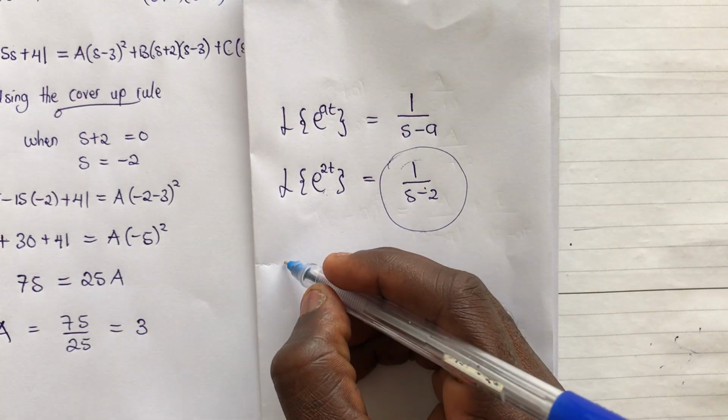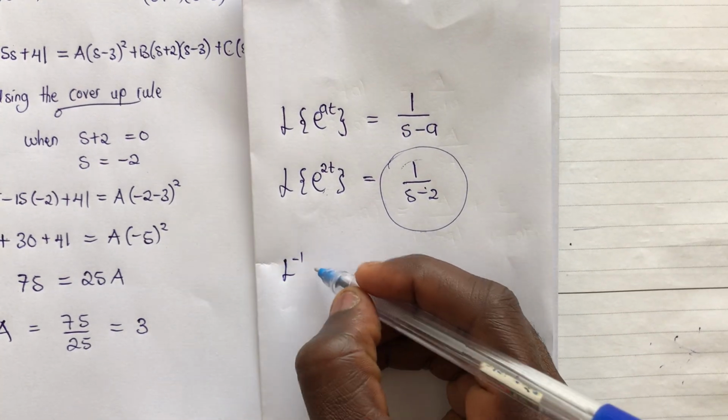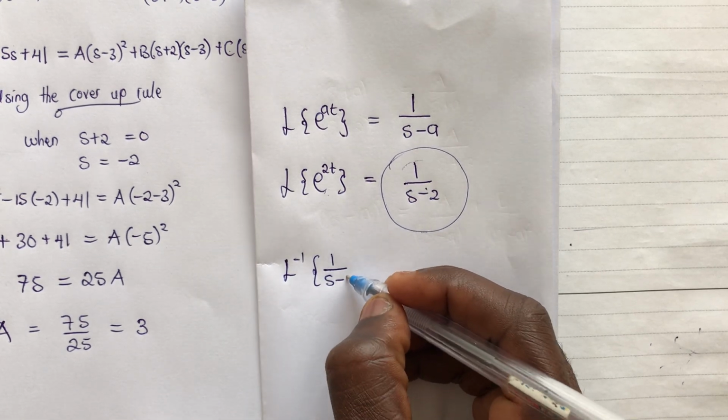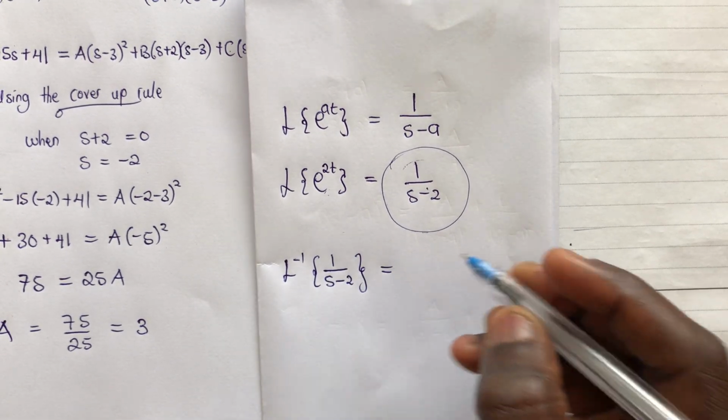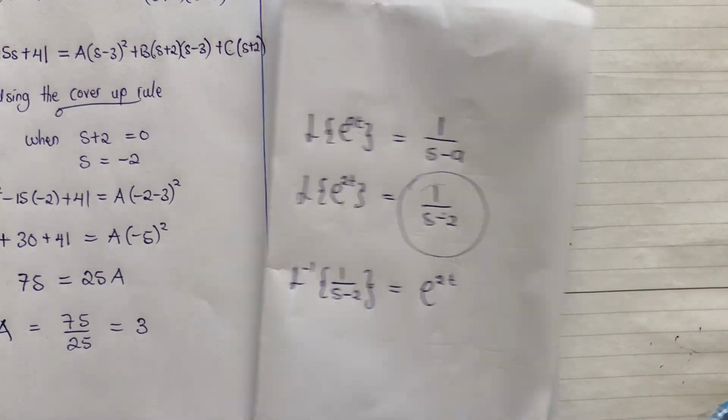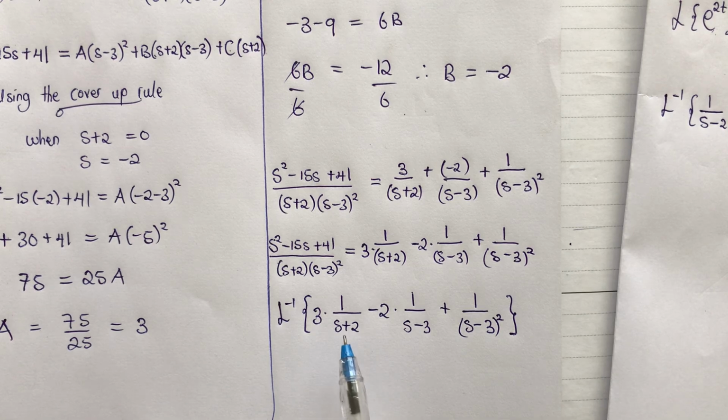So therefore, the Laplace inverse of 1 over s minus 2 is going to give you the result e to the power 2t. Now watch this very carefully.